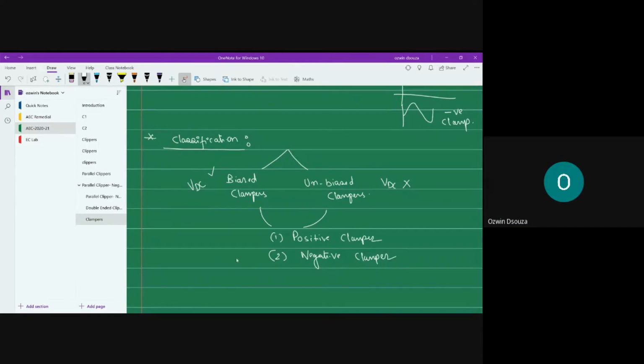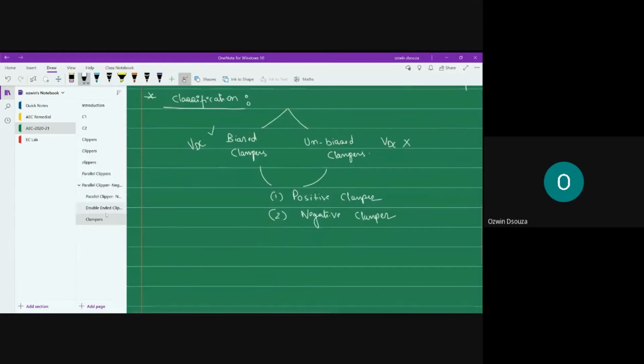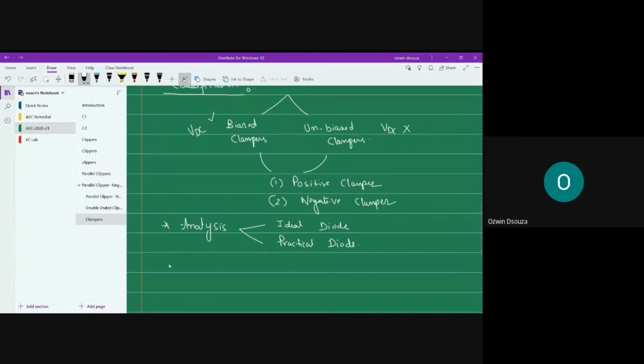The analysis of a clamper circuit can be made on the basis of an ideal diode, or on the basis of a practical diode. Fine, let's jump into the analysis part.